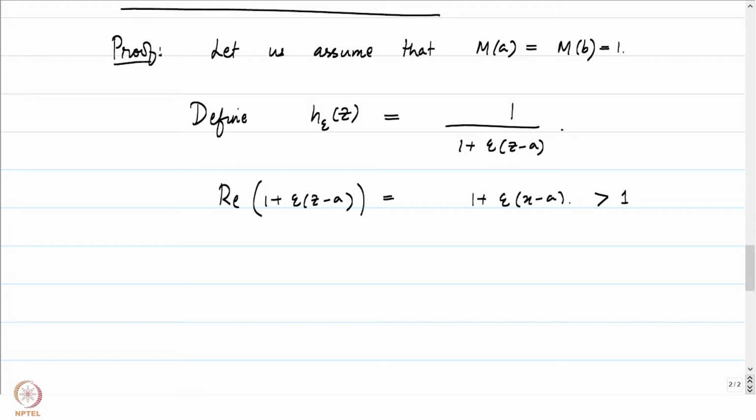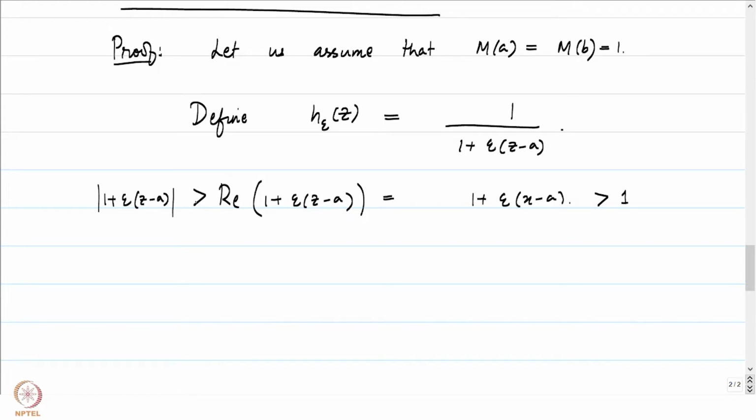But then if you look at the absolute value, notice that this is a positive number, so the absolute value is going to be the same, and this is going to be the absolute value of 1 plus epsilon times z minus a, which will be bounded below by the number on the right.